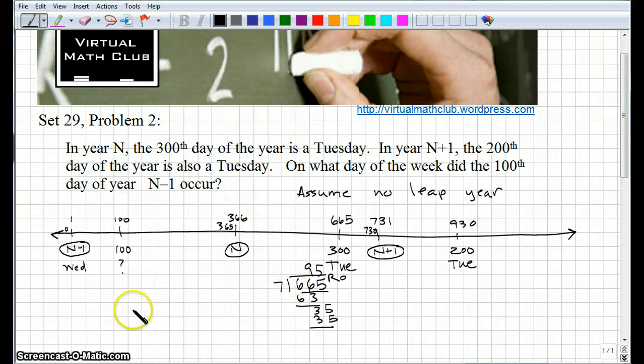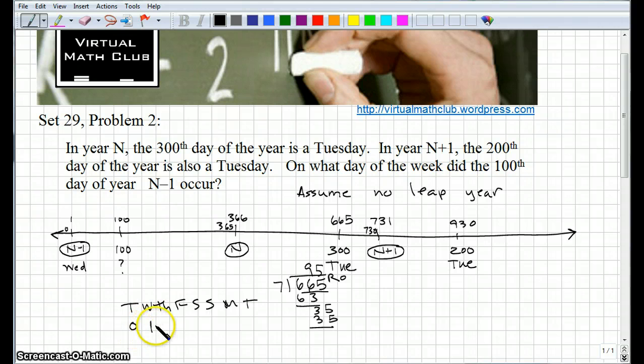So my thinking is, let me write it out this way: Tuesday, Wednesday, Thursday, Friday, Saturday, Sunday, Monday, Tuesday. Okay, so we get a remainder of 0 in this case for day 665. So the next day, if this was 666 and divided by 7, we get a remainder of 1.